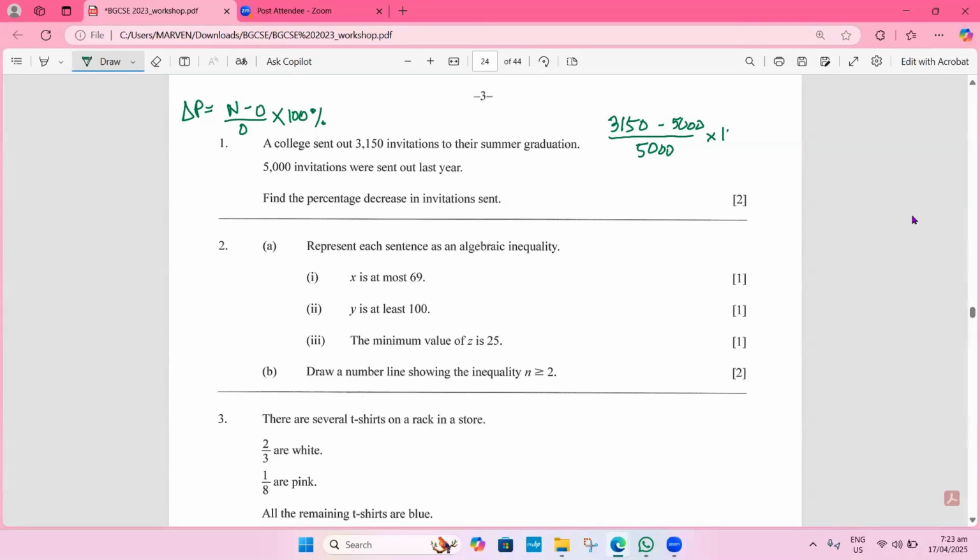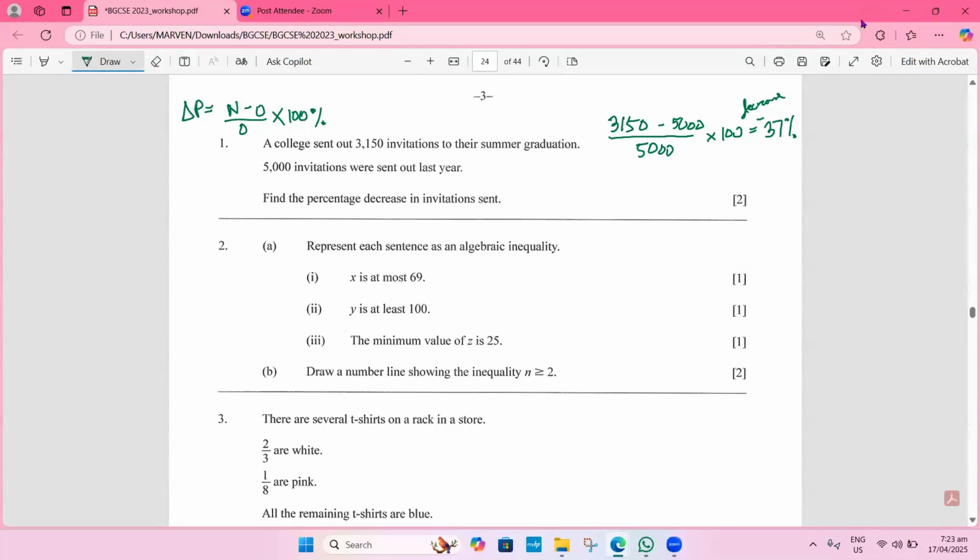And then we multiply that by 100 to get the percentage. So 3,150 minus 5,000, divided by 5,000, times 100, will give you a negative value. You may indicate the negative, or you can just indicate that this is a decrease.